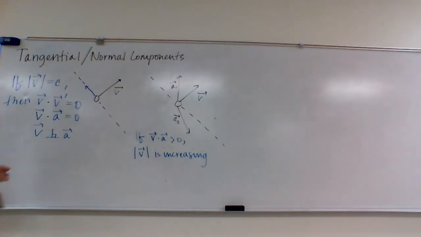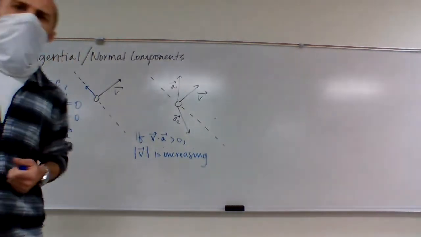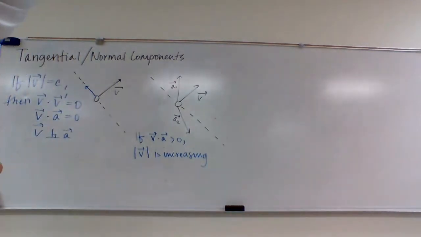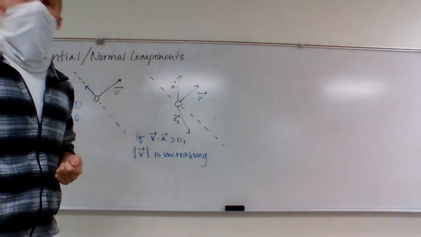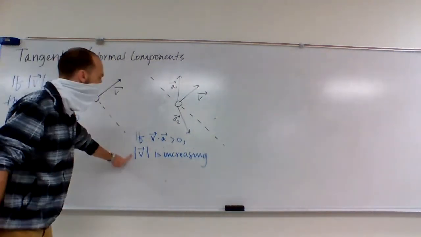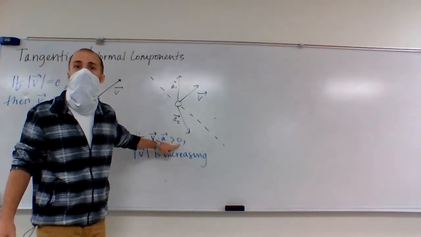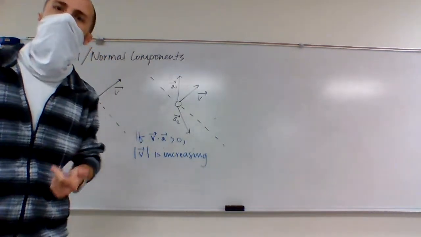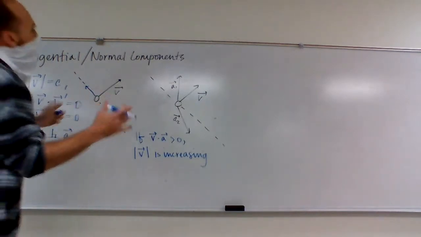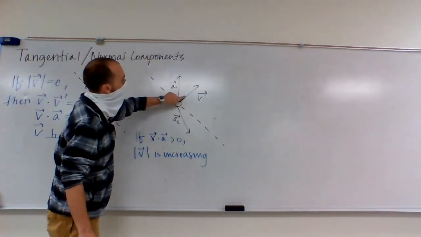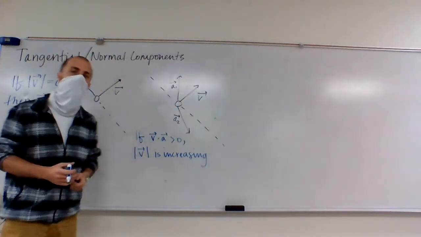But we know from linear algebra, or maybe pre-calculus if you really intensely studied vectors, that because of the cosine property, this is the same as saying that the angle between v and a is acute. If the dot product is positive, that means that the angle between the two vectors is less than 90 degrees. Okay, and I see that right here, the angle between the two is less than 90 degrees. So this is confirming what I had suspected.